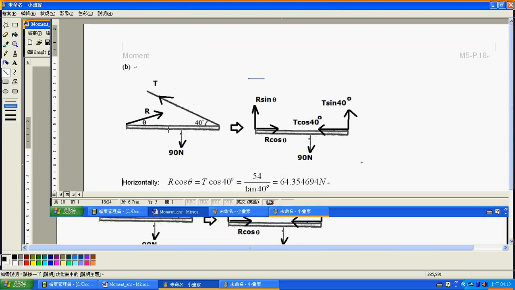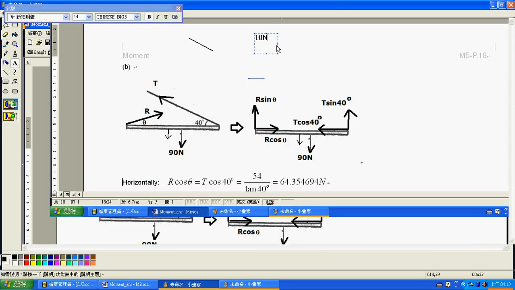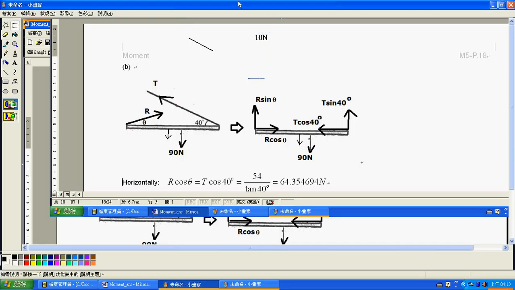So 10 newtons here. Okay, this is the new free body diagram.